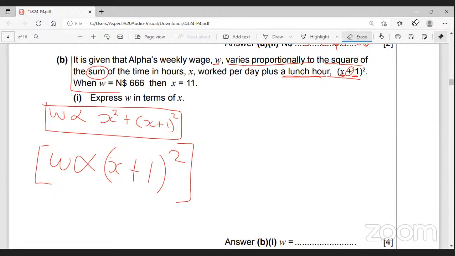Now check over now, it's W. Here is the square of the sum of the time in hours X, work per day plus a lunch hour. You already put what the time is. That's the one, plus the lunch hour, where the square comes in now. Does that make sense? They literally describe everything here and put it at the end. So just circle from the X. Thank you, you are right.